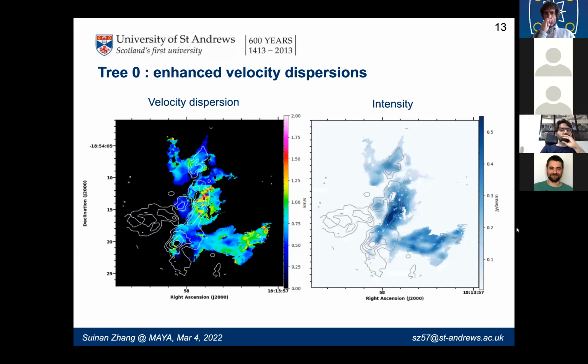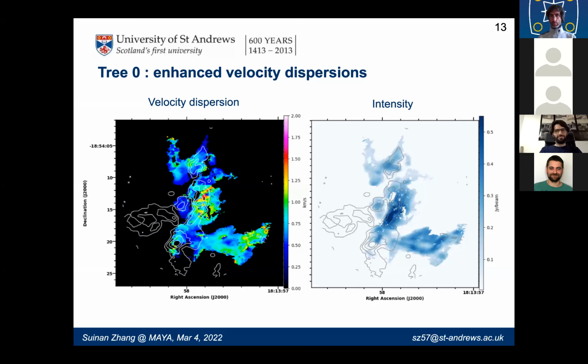If we look at the velocity dispersion map and the intensity map of tree 0, an interesting feature is the elevated velocity dispersions at the locations with strong intensity, the yellow, orange, reddish part on the right panel image.